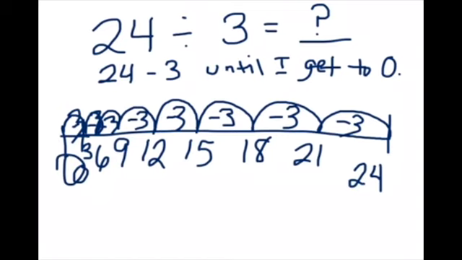Remember, how many jumps backwards of 3 did I make to get to 0? We did one jump, so 1, 2, 3, 4, 5, 6, 7, 8. Ooh. So what was our answer to 24 divided by 3? 8.